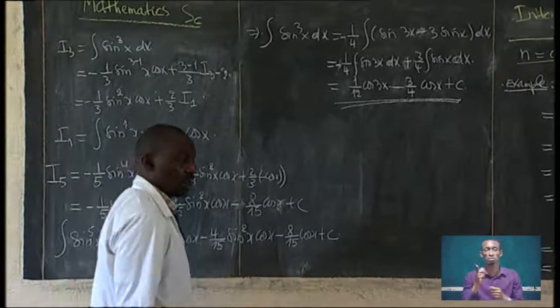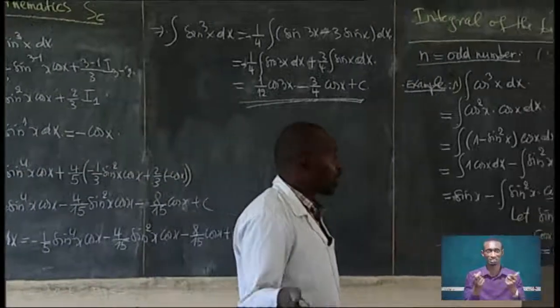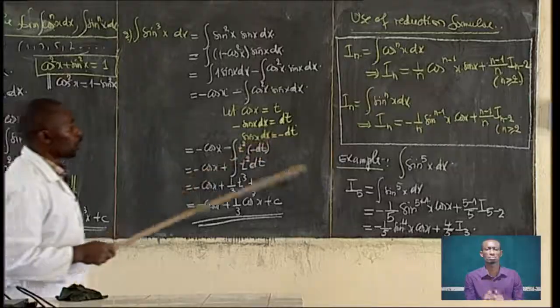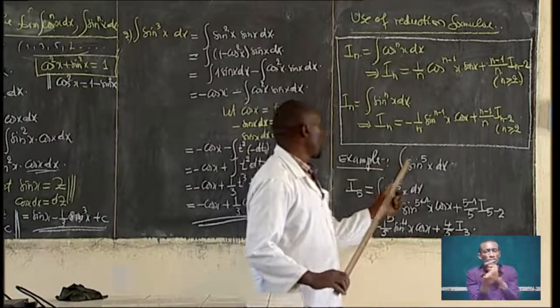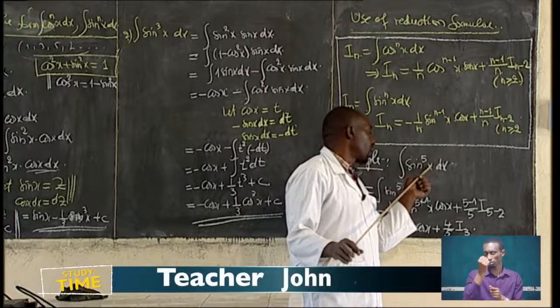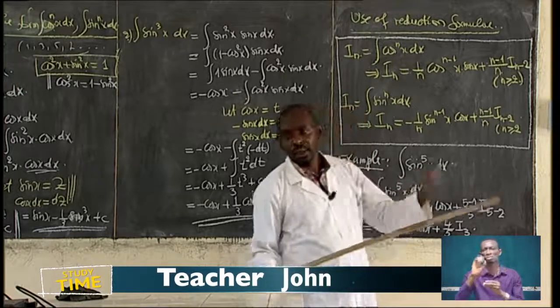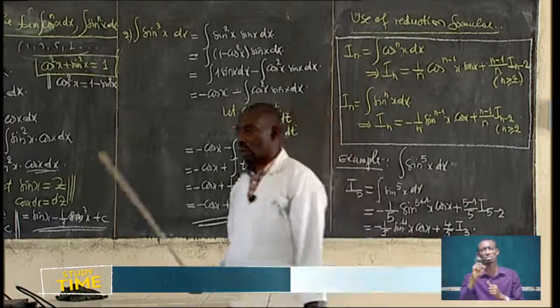That should be the answer. And you can do the same if, instead of sine^5 x, you take cosine^5 x dx, and so on.